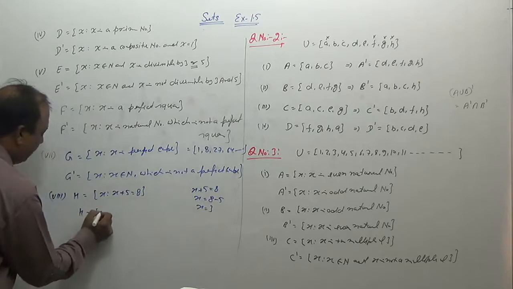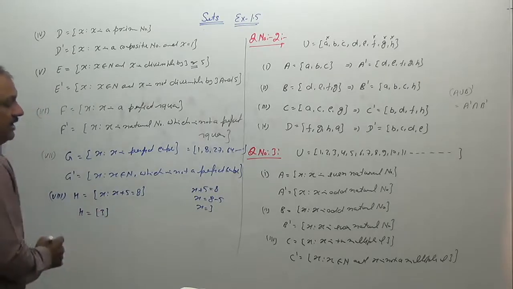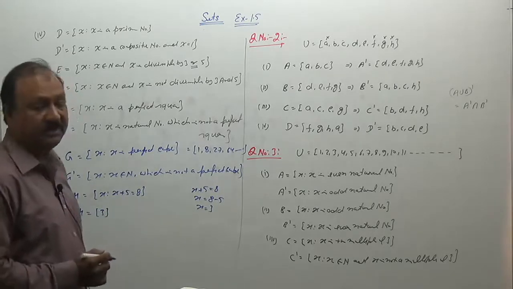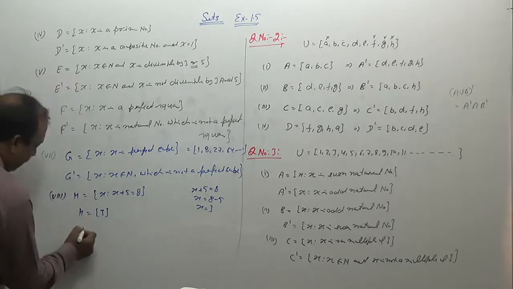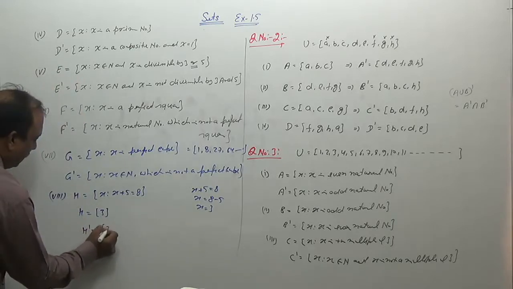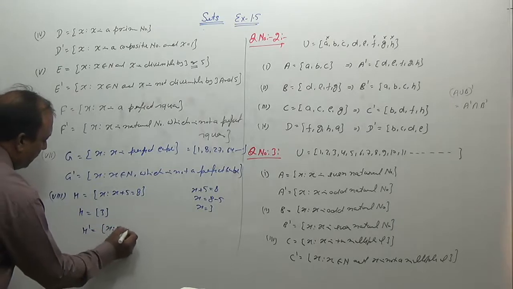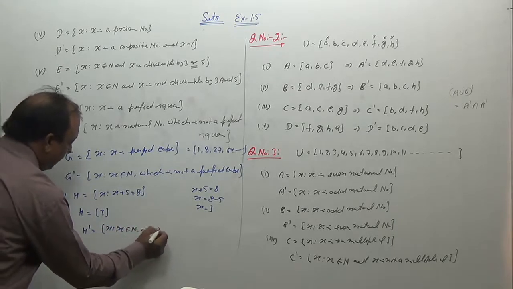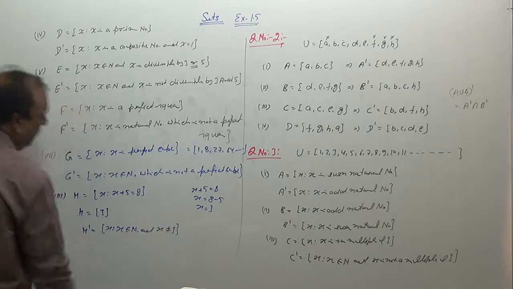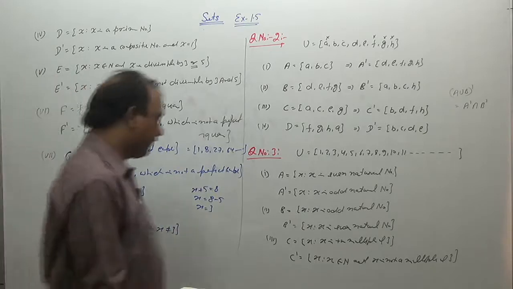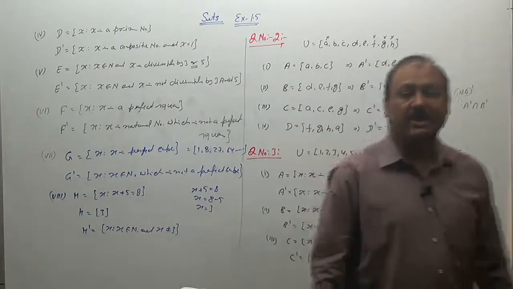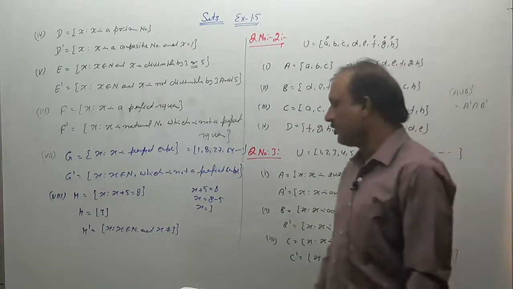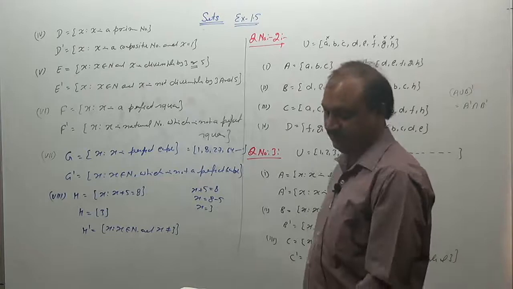So H is a singleton set with element 3 only. So what is its complement? H complement is x such that x is a natural number and x is not equal to 3. That is, the set of natural numbers except 3 is the conjugate or complement set of set H.